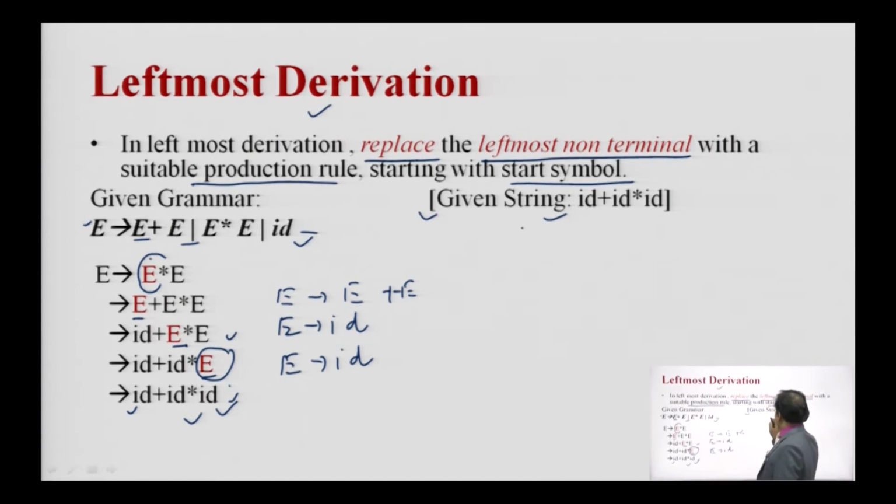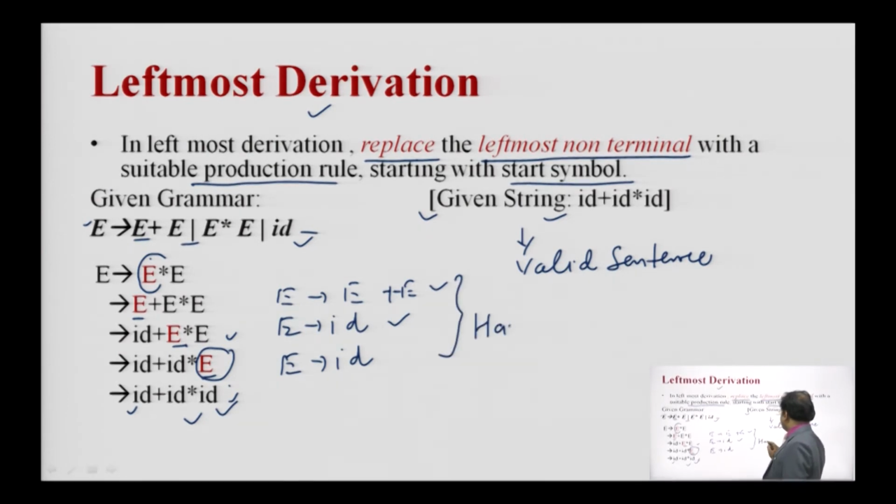That means this is a valid sentence. The productions which we use in between, starting from the starting symbol to reach up to the final sentence, these sentences are called the handles.